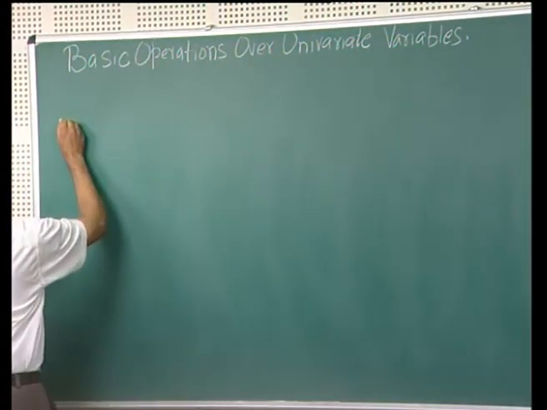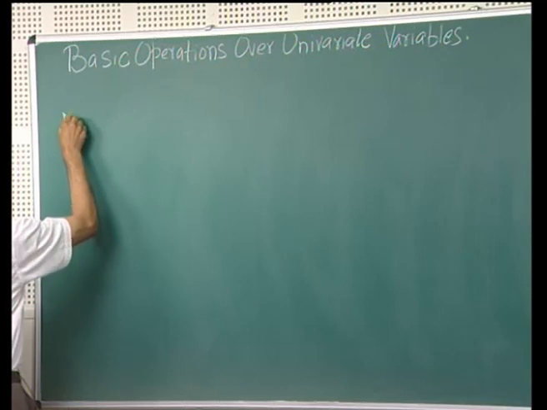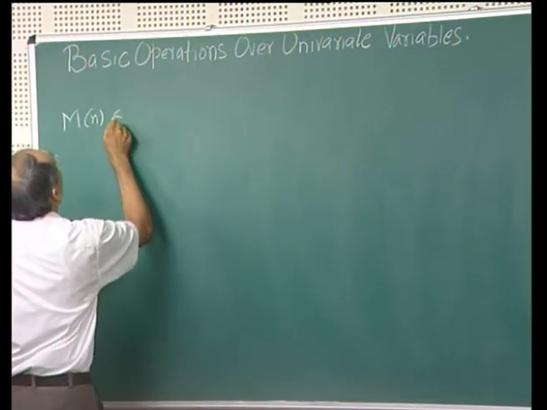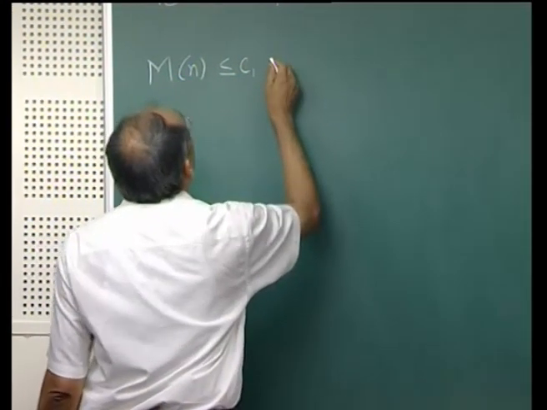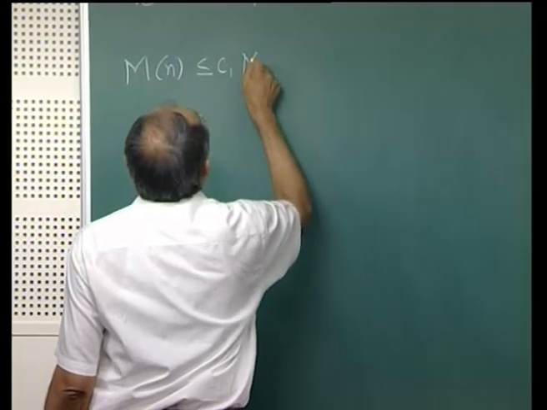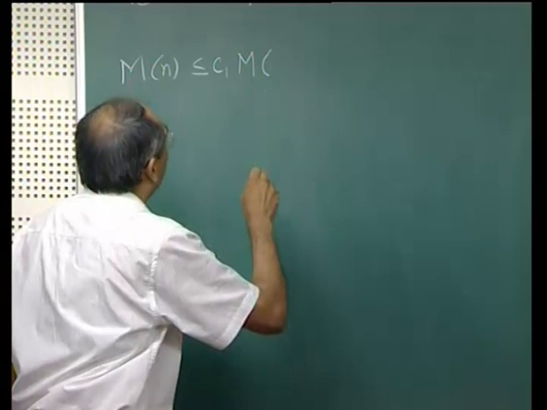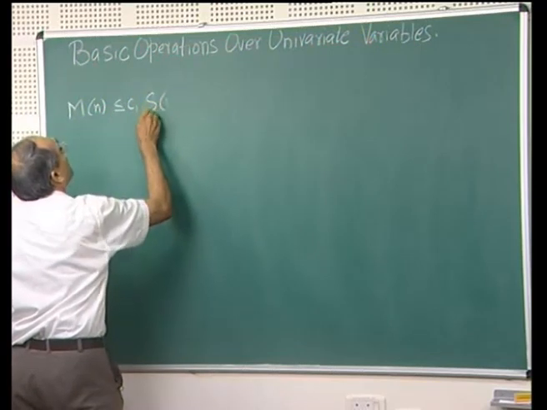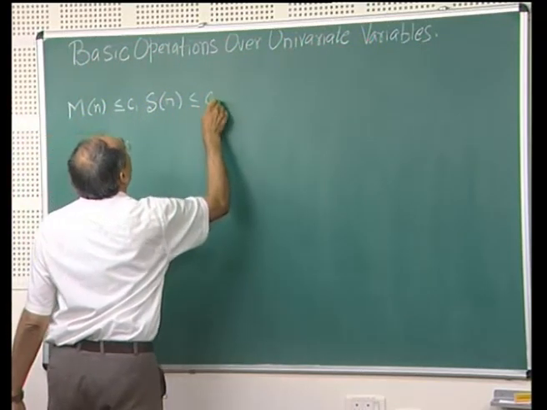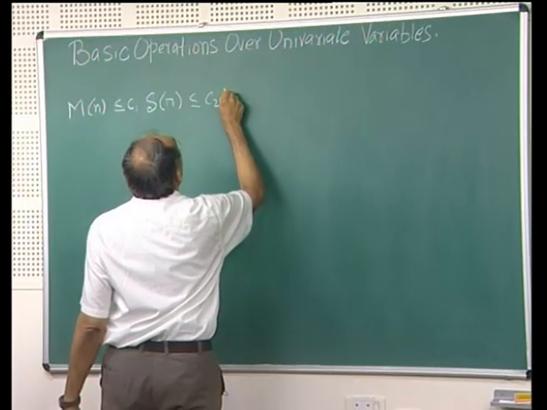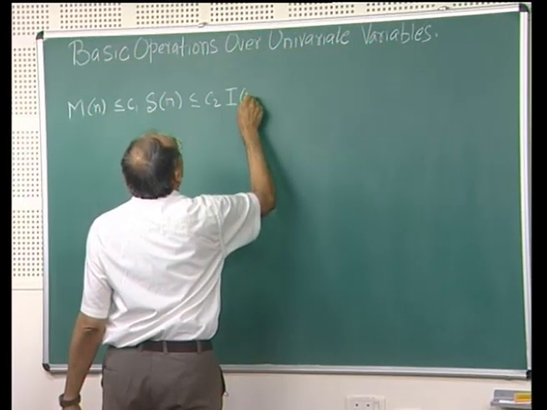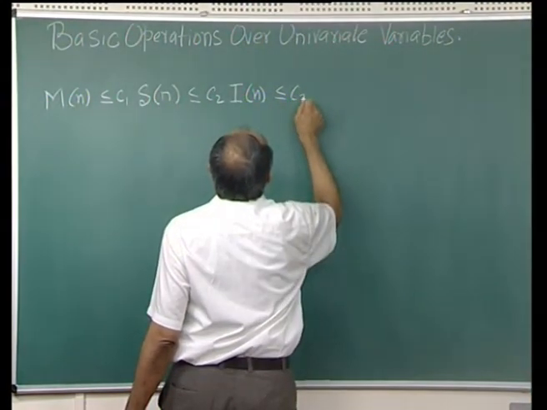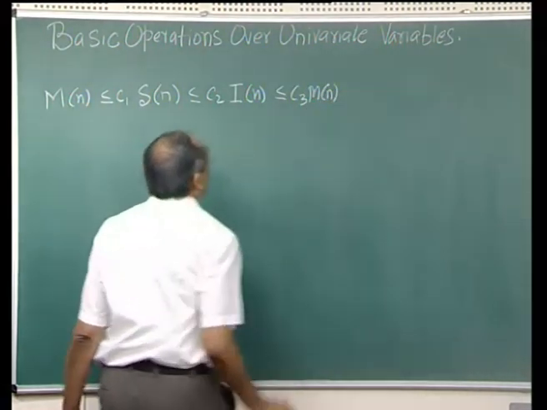That is, we saw that the time complexity of multiplying two n-bit numbers was bounded by the time complexity of squaring an n-bit number, S(n), which was in turn bounded by the computation of the reciprocal of an n-bit number, which in turn was again bounded by multiplying two n-bit numbers.